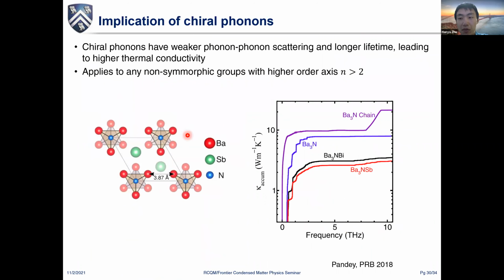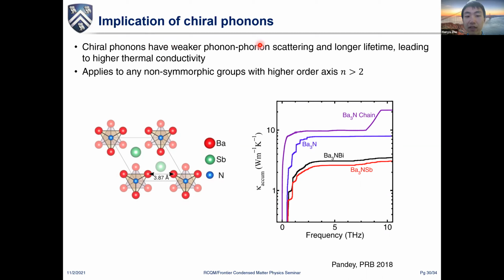Okay, so finally, I would like to discuss what it means to have chiral phonons, other than that we can see chirality, if there are any actual implications. Because chiral phonons carry angular momentum and there are certain selection rules related with it, they generally scatter less than typical phonons.